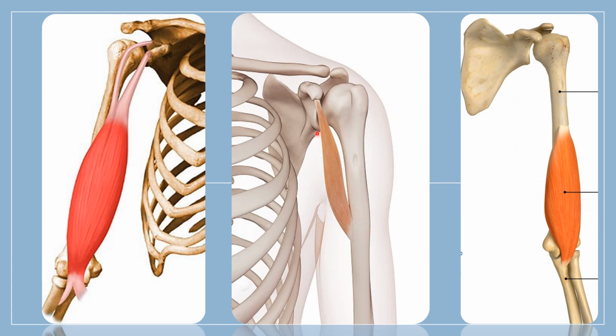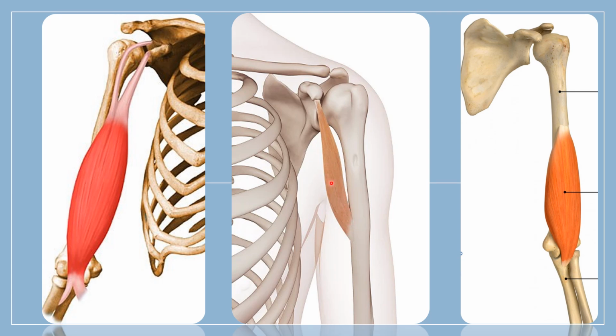The next one is coracobrachialis. This is the next muscle, coracobrachialis. It originates from the coracoid process of scapula. It is just along with that related with the biceps. So this arises from coracoid process of the scapula, and it is inserted into middle of the shaft of humerus.